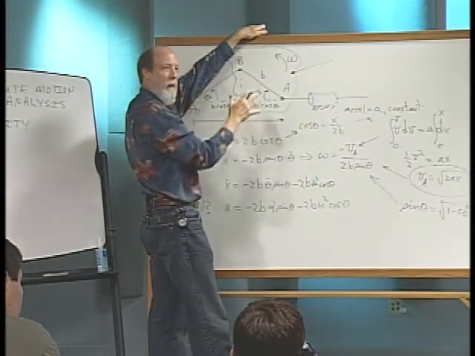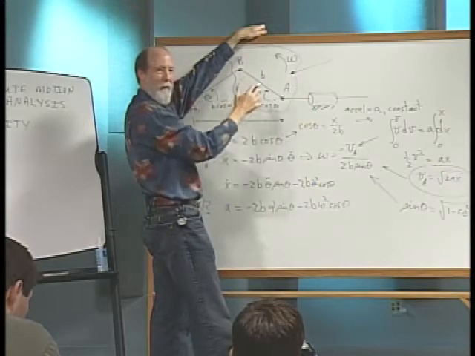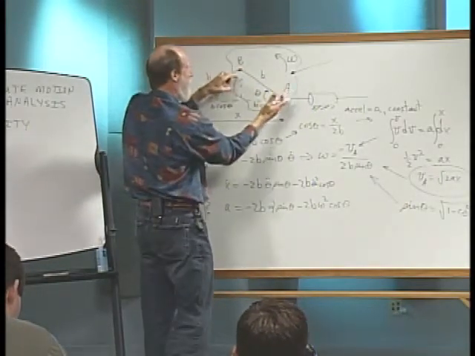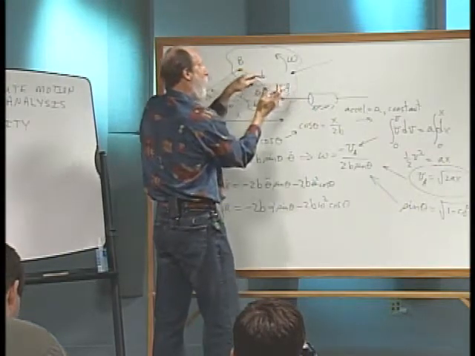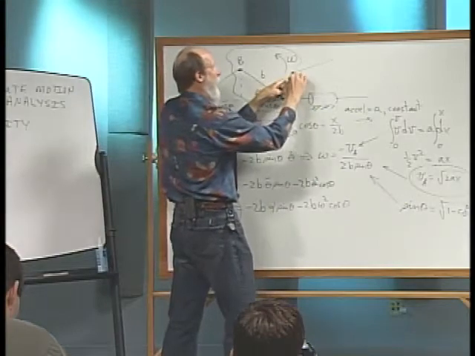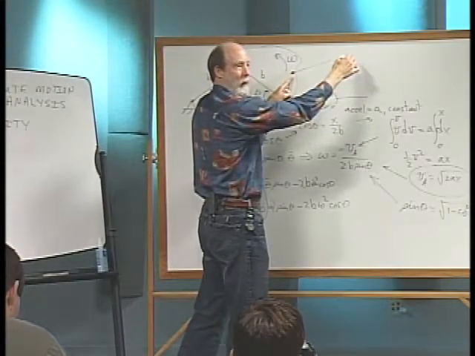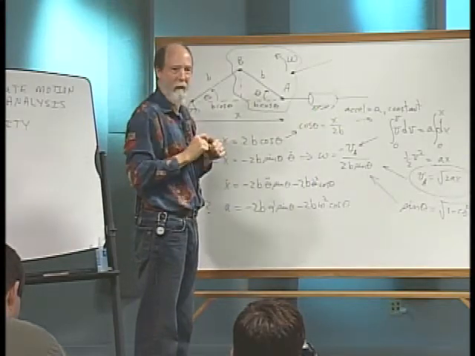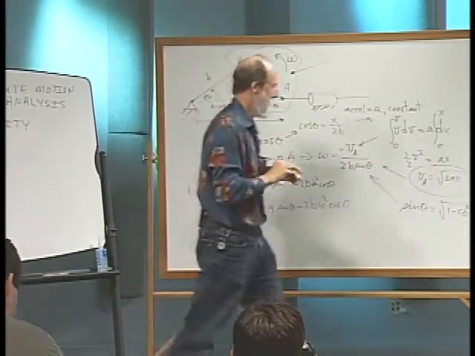So this is how you can start to build up these devices. Once you understand what's going on with this piece, you can understand the behavior of some other point on that, and then move on to some other connected segment. So that's how you oftentimes will do the analysis on these things. Okay.